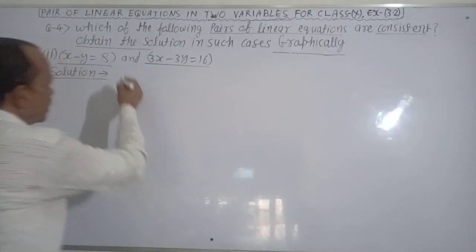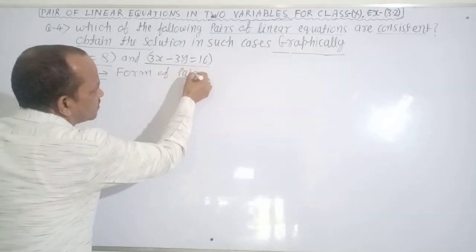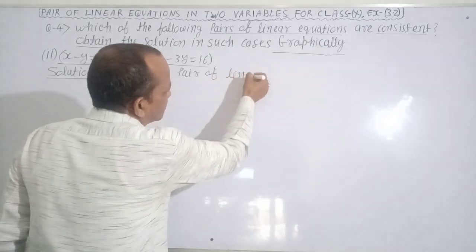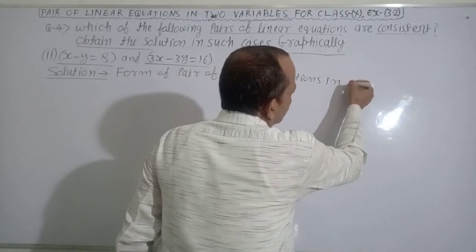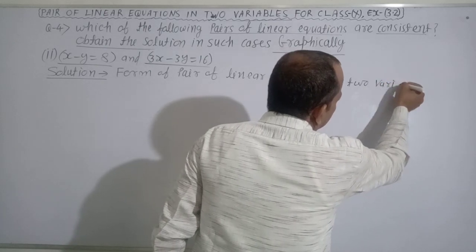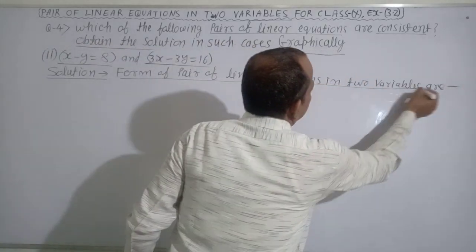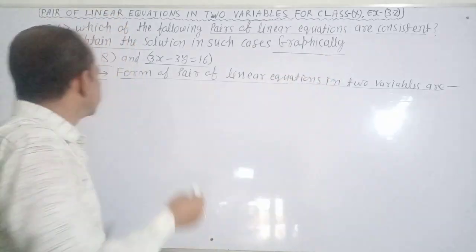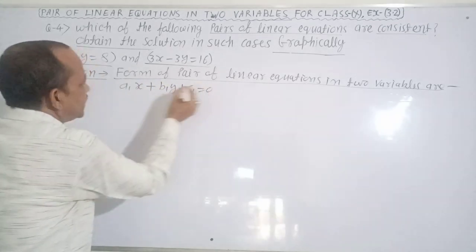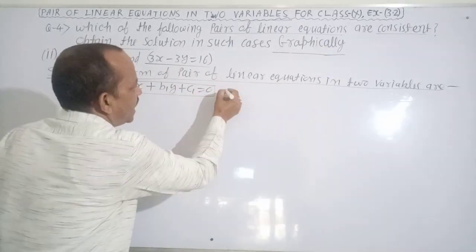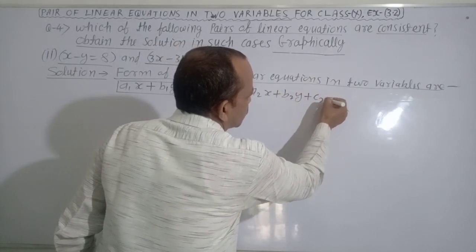See the board. Form of pair of linear equations in two variables are a1x plus b1y plus c1 equal to 0 and a2x plus b2y plus c2 equal to 0.